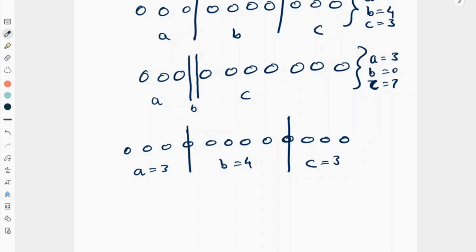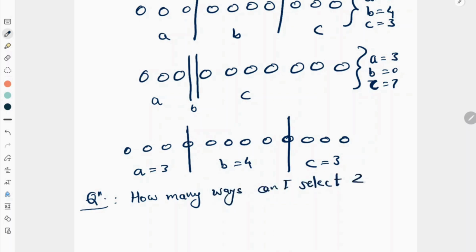So that's what this is. Now the question is simple. How many ways can I select two balls out of 12 and make them into sticks?